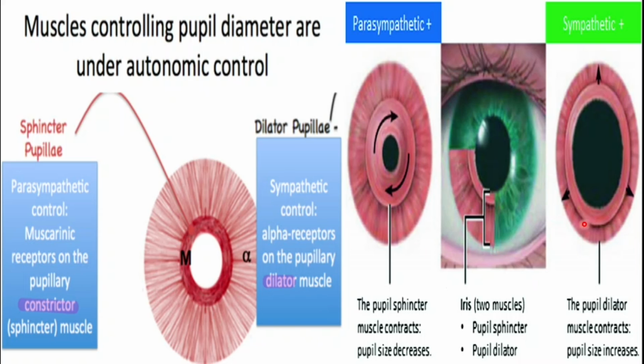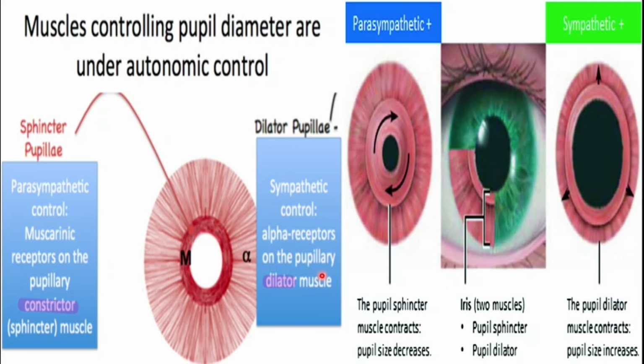And if the circular muscles contract, there will be an increase in the size of the pupil, which is known as mydriasis. So the sphincter muscle contraction causes miosis, and the circular muscle contraction causes mydriasis.